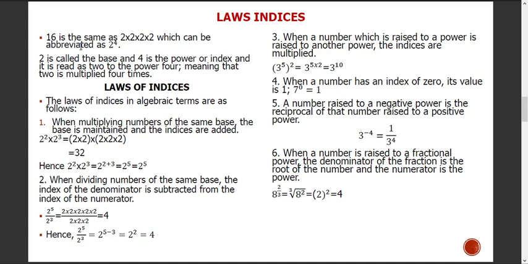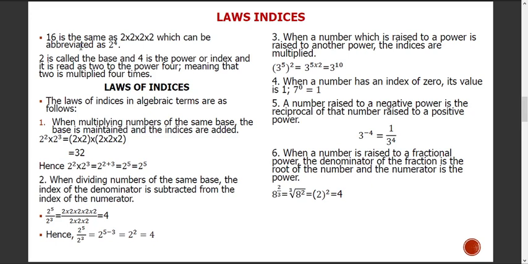When you're multiplying numbers of the same base, we maintain the base and add the powers. Then the second law states that when you're dividing indices of the same base, we subtract the index of the denominator from the index of the numerator.